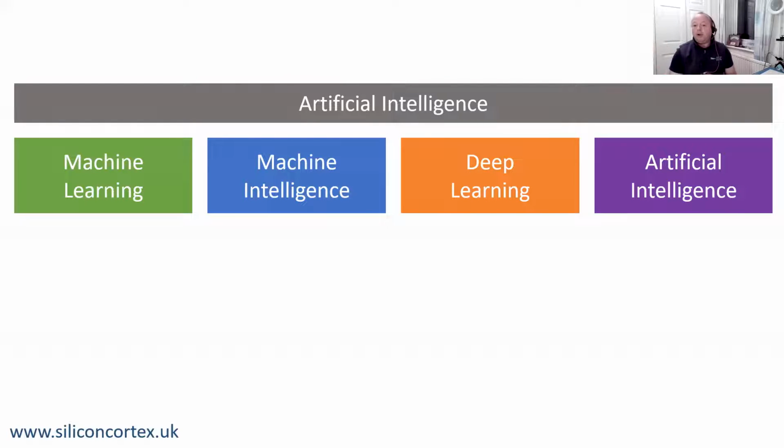Artificial intelligence is very much an umbrella name for a number of different disciplines within it. You can see from left to right, for some reason, someone in their infinite wisdom decided to have a subject of artificial intelligence under the umbrella name of artificial intelligence. There we go. Machine learning is very much what we're going to be looking at.